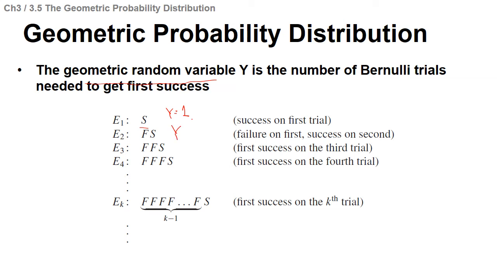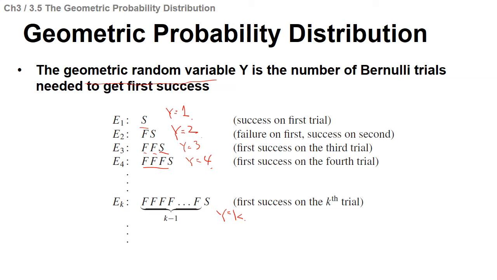In this case Y equals 2, so failure on the first and success on the second. What about E3? First success on the third trial, which is Y equals 3, and for this event it is Y equals 4, and for Y equals k, we have k minus 1 failures in the front, and then you get success at the end.